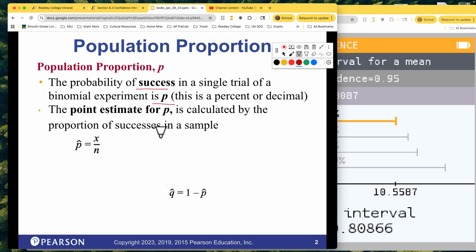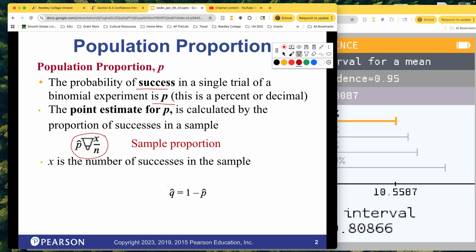So again, we're looking for the point estimate of P in the population. What we're going to do is calculate what we call P hat from a sample. They call this little thing on it a hat, like I've got a hat on too. So you just put a hat on. So that's a sample proportion.